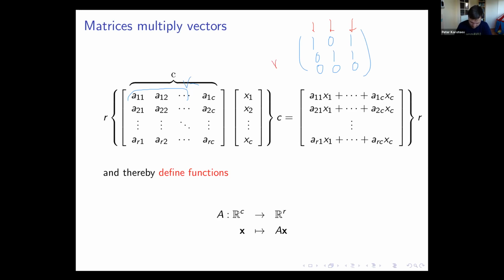So the rank of this matrix is equal to 2. But we'll come to that. It's one of the next topics.